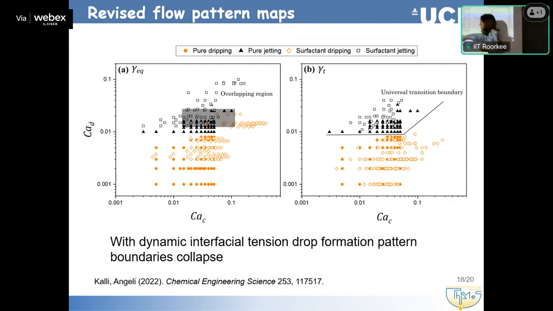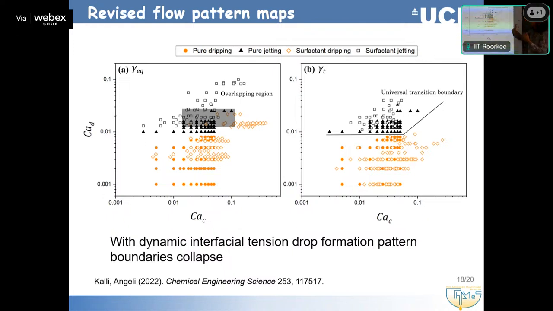We did this map with the capillary numbers, the continuous and the dispersed. What we found is that if we just drop all our data in, using the equilibrium surface tension values, there is a bit of a confusion. We don't have clear boundaries between the two regimes.